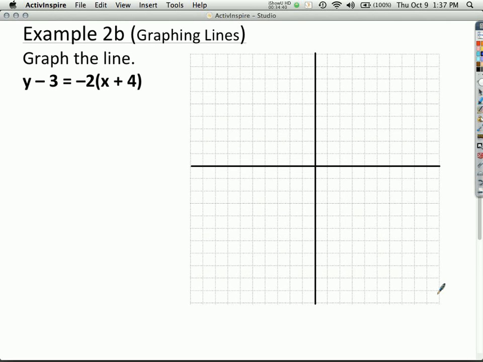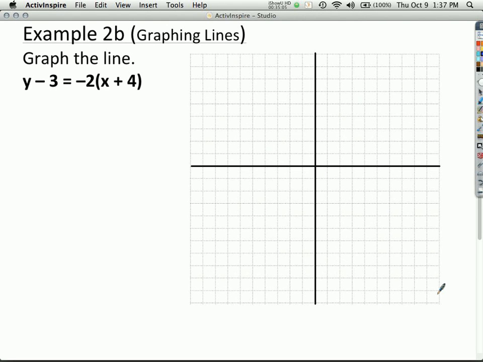But we need a starting point. So that's the common thread. We always need a starting point. But what's our starting point coming from point-slope form? Sharik? The coordinates hidden in the point-slope form. Good, I love the way you said that. And so in this case, what is it? The point would be -4, 3.